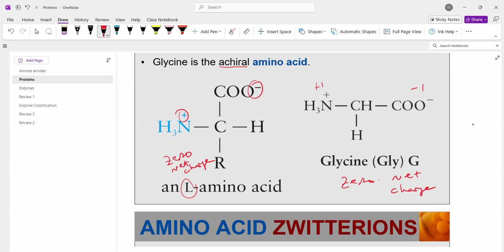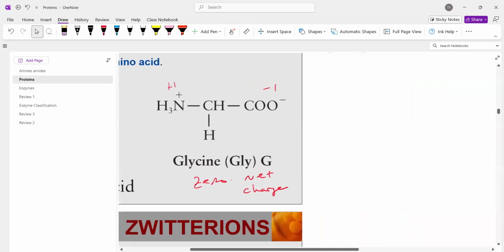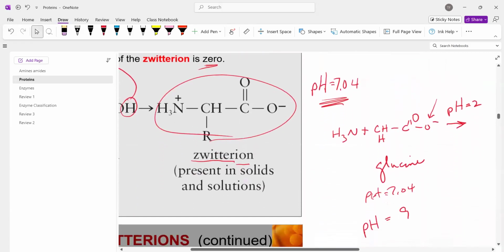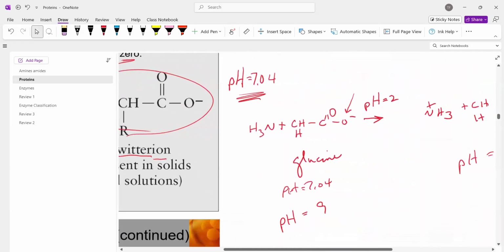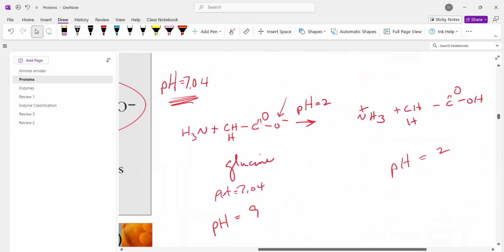So when we adjust the pH of amino acids, we are going to dial in a pH. Now, don't forget, there are 20 of these R groups. Some of them are acidic, some are basic, some are neutral.